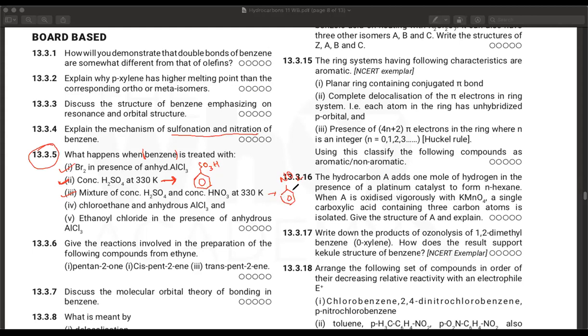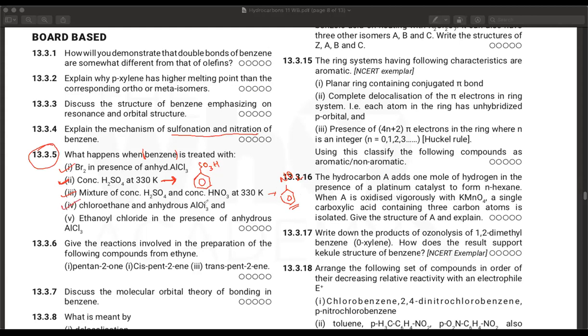Nitration, what group are you adding to the benzene ring? Nitro. So the product will be called? Nitrobenzene. Absolutely correct.